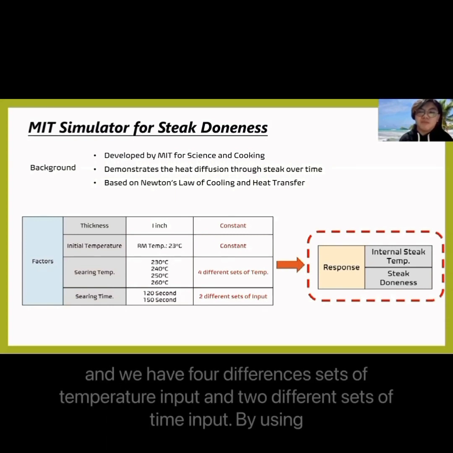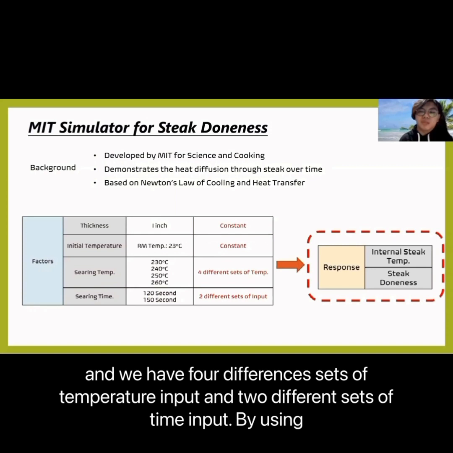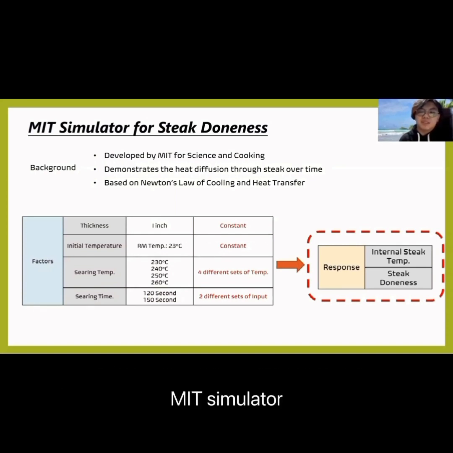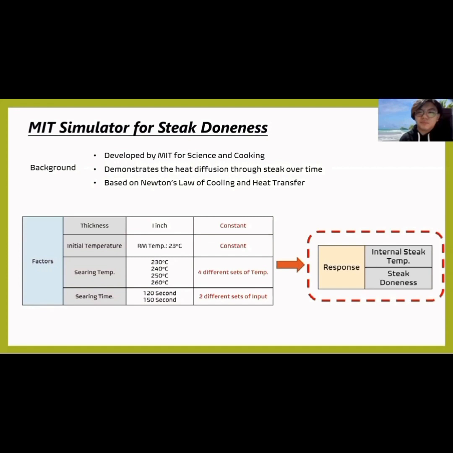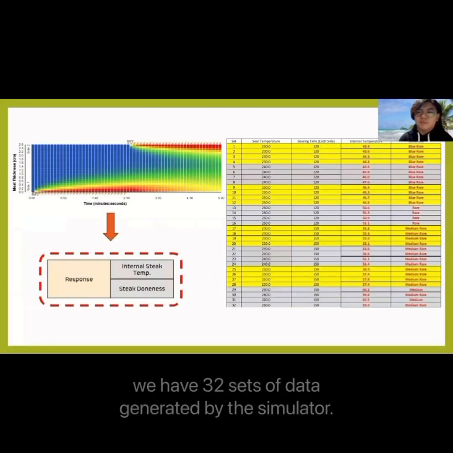assumption. And we have 4 different sets of temperature input and 2 different sets of time input. By using the MIT simulator, the steak doneness can be obtained based on the internal steak temperature. We have 32 sets of data generated by the simulator.